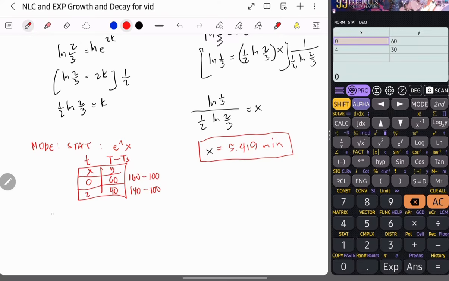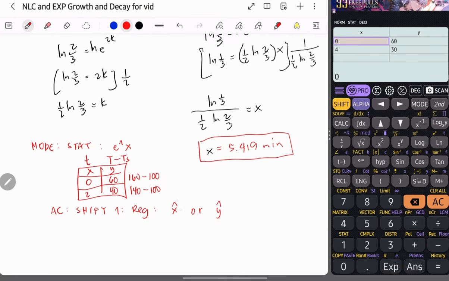you tap AC, then shift 1. Then choose reg. Then, you only choose X bar or Y bar.